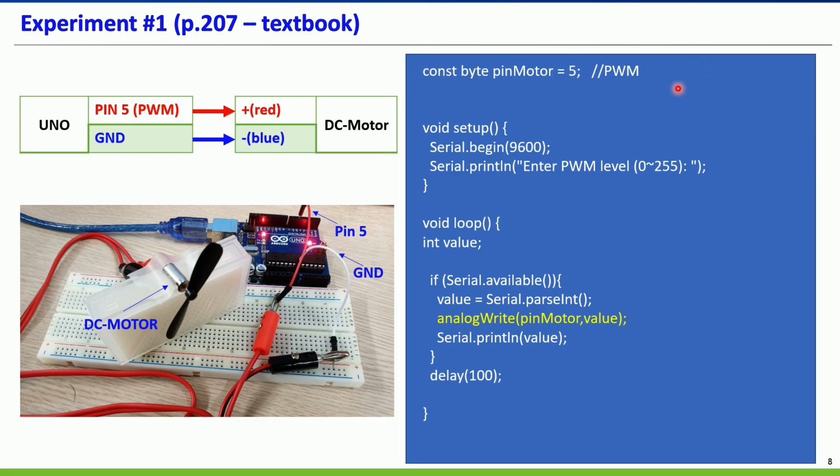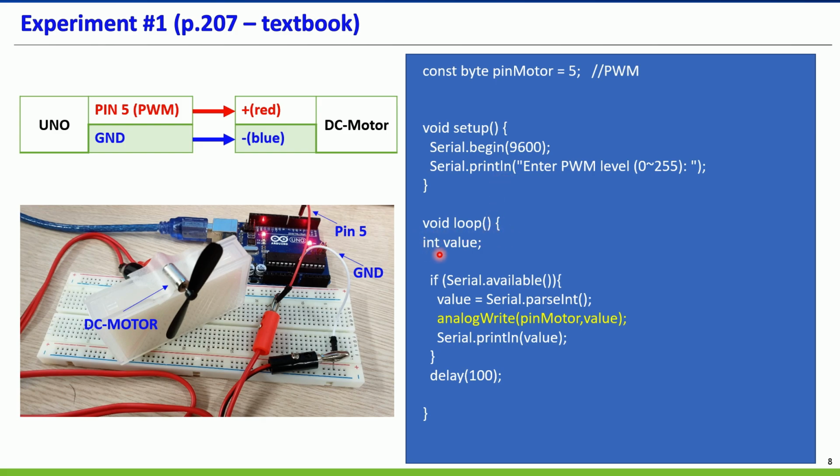Let's discuss the code. This one is the constant for pin 5. You already know. And in void setup, you just call Serial.begin. This one is standard for serial communication in the serial monitor, and print to the serial to give information on how much PWM level you are giving in the serial monitor.